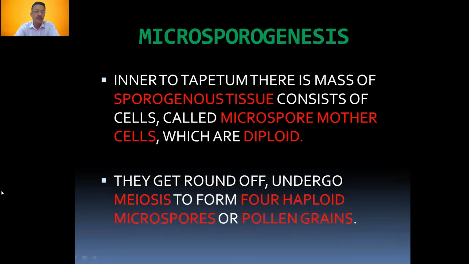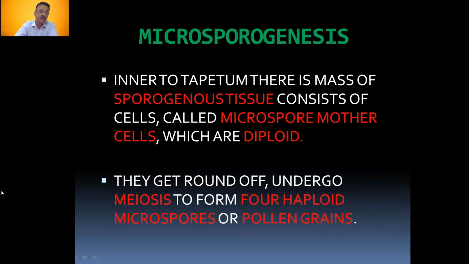They round up and undergo meiosis to form four haploid microspores or pollen grains.